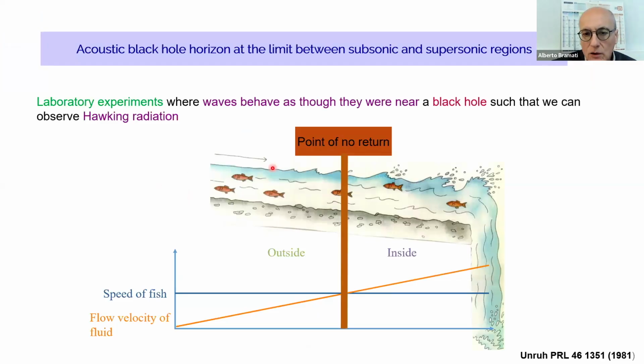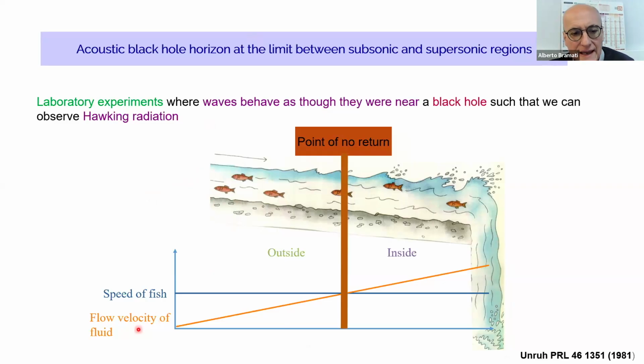So how can we simulate a black hole with a polariton fluid? How can we engineer our polariton fluid in order to build up the equivalent, or the analog, of a horizon, for example? This is illustrated with this cartoon. Let's consider a river which is going toward a waterfall.